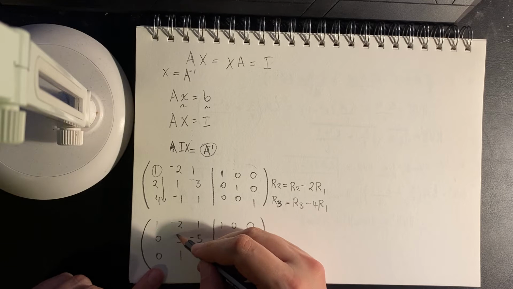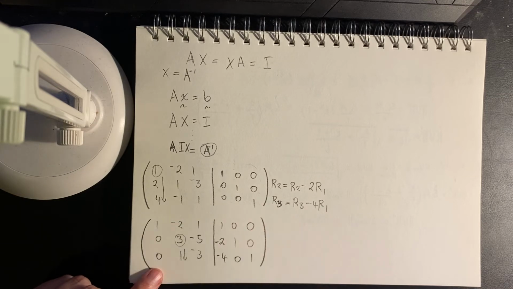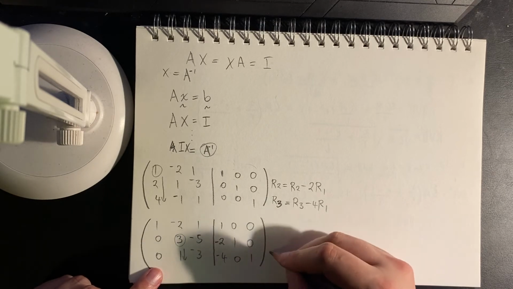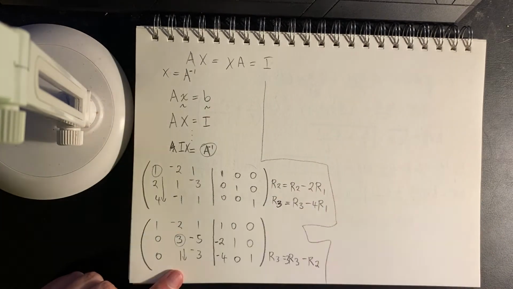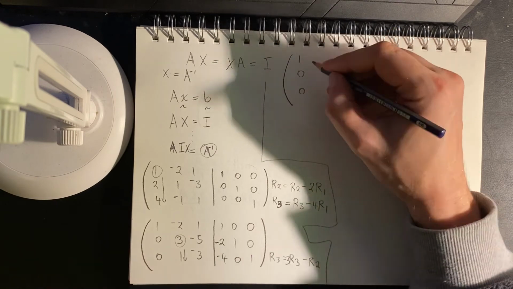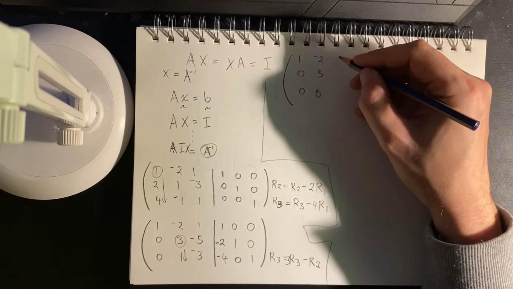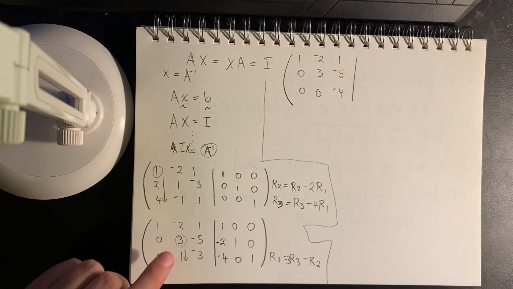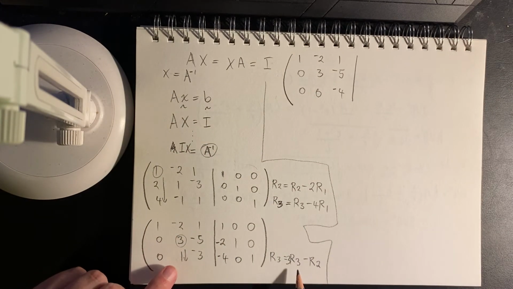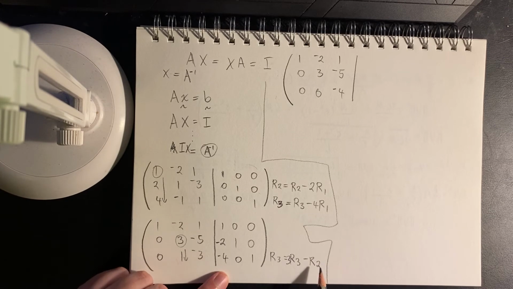So it almost looks like we're tracking the history of the operations that we took. The next thing we do is zero out here. Okay, so we got that. Now this was, what was it? 3 times row 3, then subtract row 2.